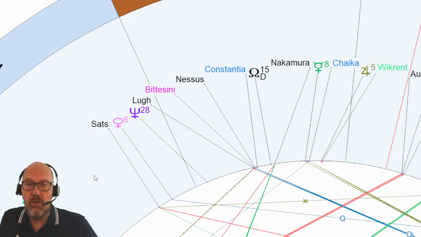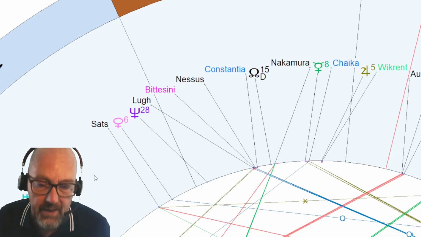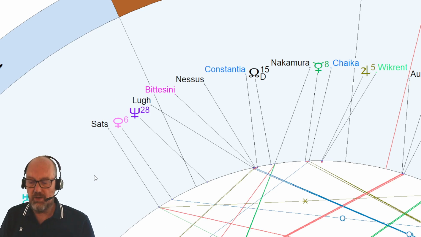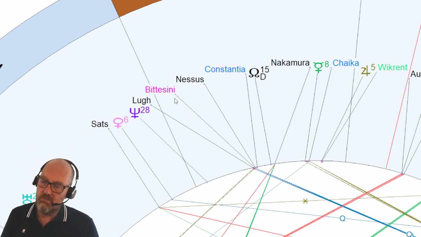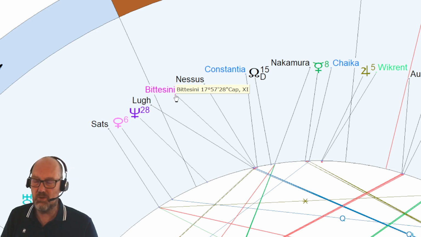I want to zoom in now on the 3 named asteroids of Bitcoin, and the number 1, maybe my favorite, definitely the most aggressive one, is Bittesini.